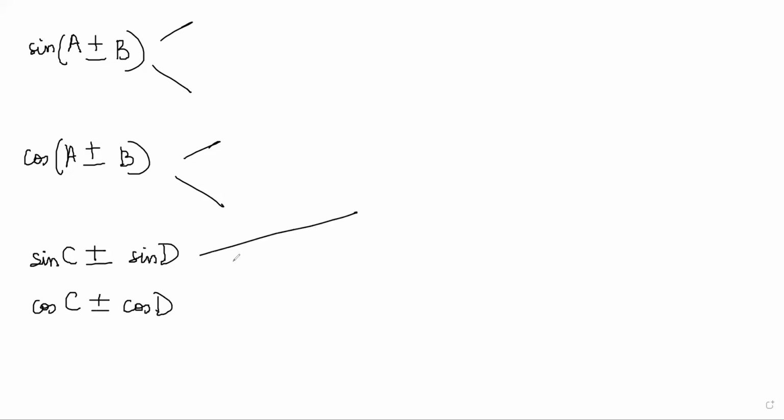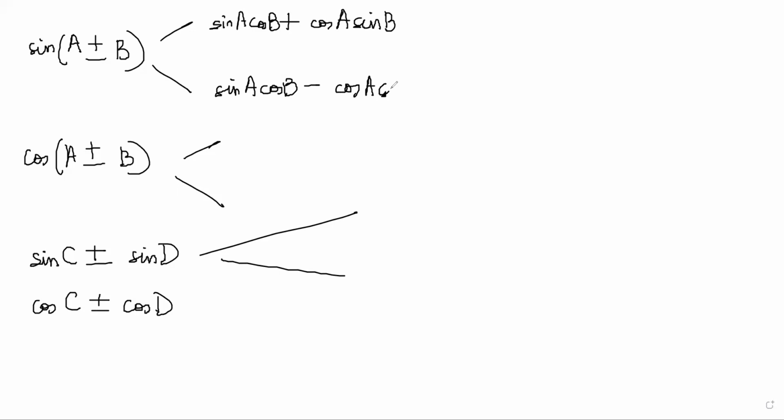So I will just write all of them. Sin A cos B plus cos A sin B. And this one is sin A cos B minus cos A sin B, right? You should make some notes of this, make a nice chart with all of these, right?